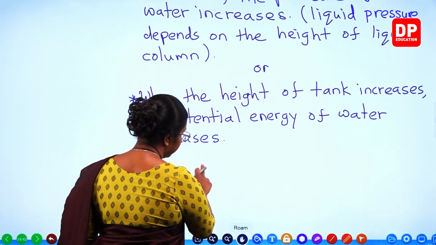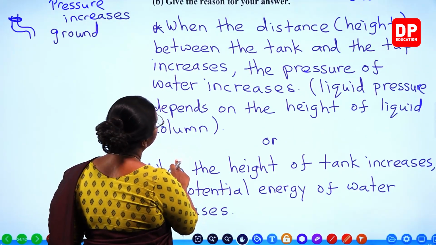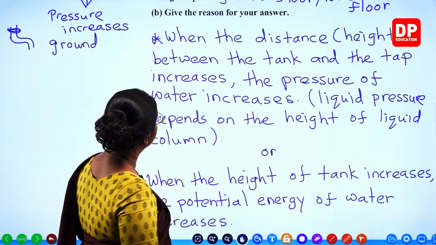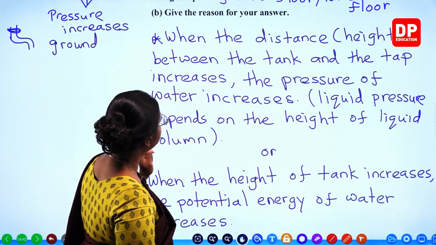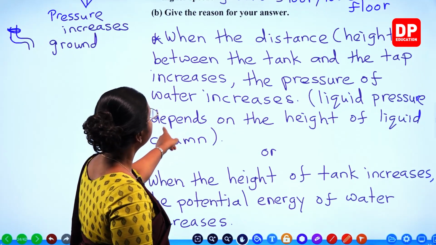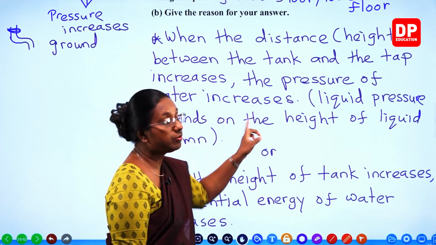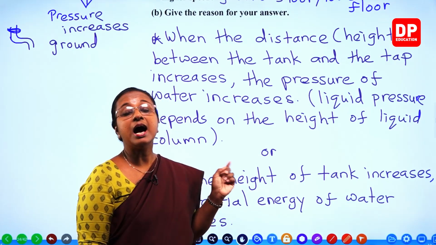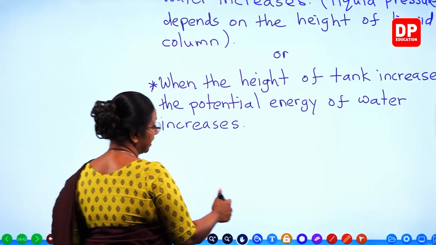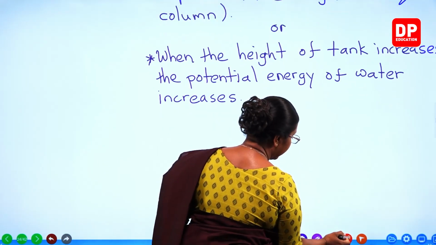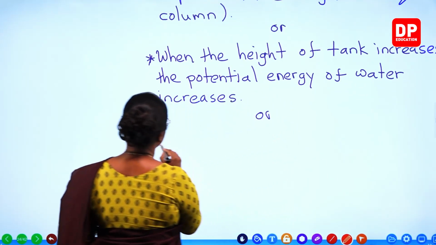So in this answer here, we have said when the distance or height between the tank and the tap increases, the pressure of water increases. Here you can also mention it as hydrostatic pressure. I will write that also as another answer, but you can write any one of the three answers.